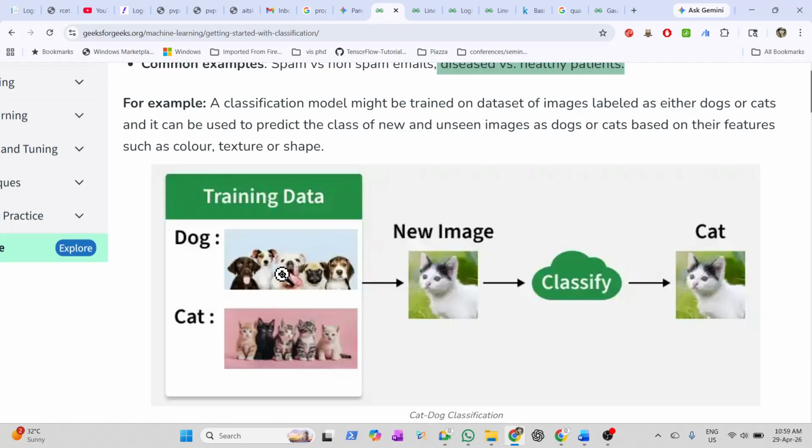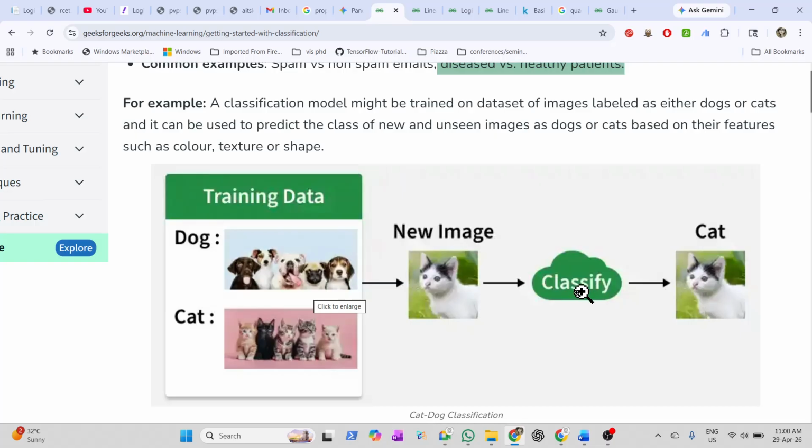In the training data, you observe these are the pictures, here it is shown like one image. However, in the real data set, you have multiple images of different types of dogs, and you have different cat images. You train the model using this training data, and once the model finishes its training, you provide a new image to the model.